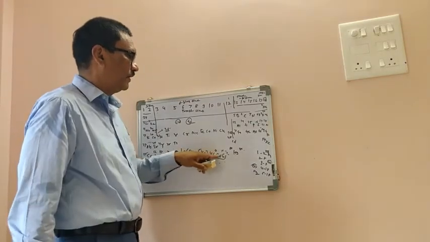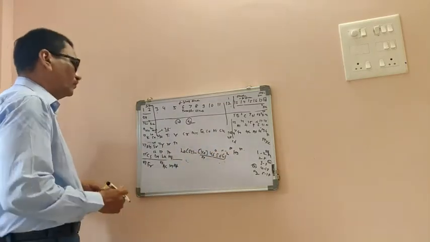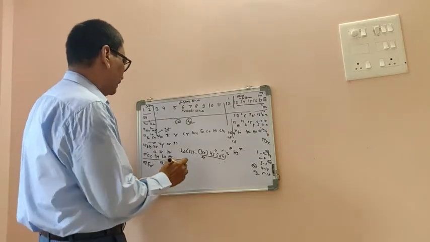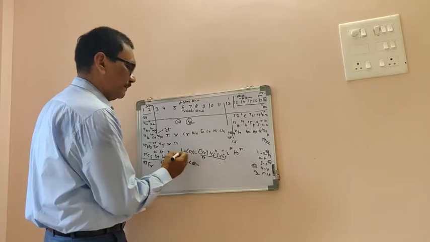So xenon is at number 54 here. So 4F0, 5D1, 6S2, that is the lanthanum. After lanthanum, the next element is cerium, which has the atomic number 58.